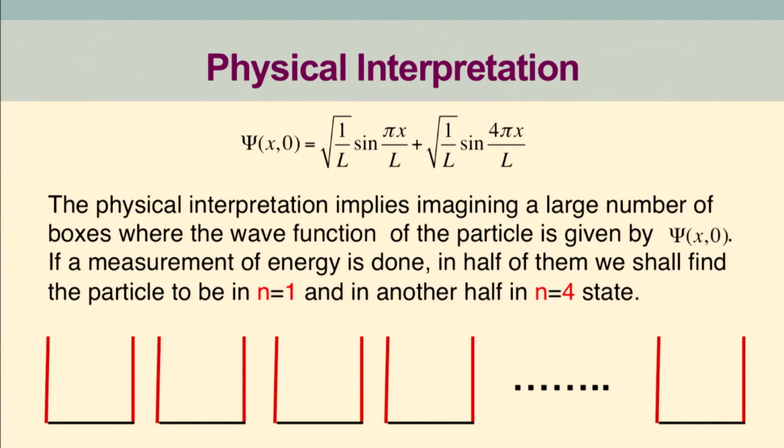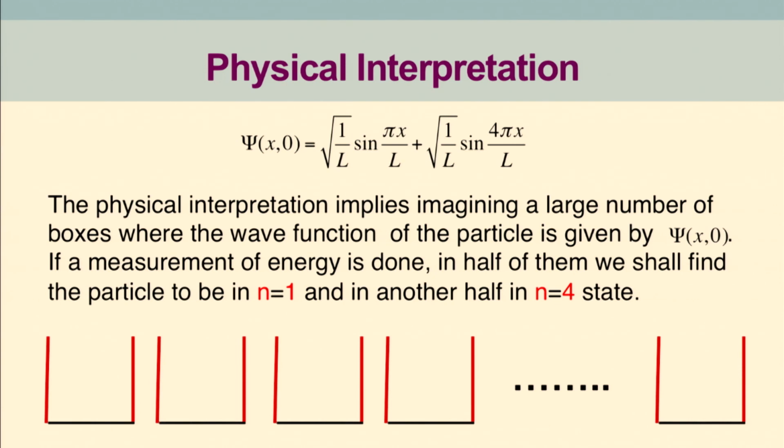The way we physically interpret this is that, in this particular form of the wave function, if I consider a large number of such infinite potential boxes where the wave function of the particle is given by this psi x0, and if a measurement of energy is done on this state of the particle, then in half of them we will find the particle in n equal to 1, and in the other half we will find it in n equal to 4.